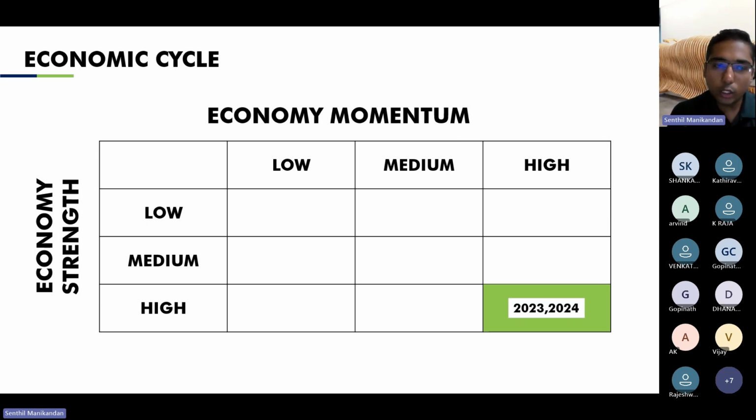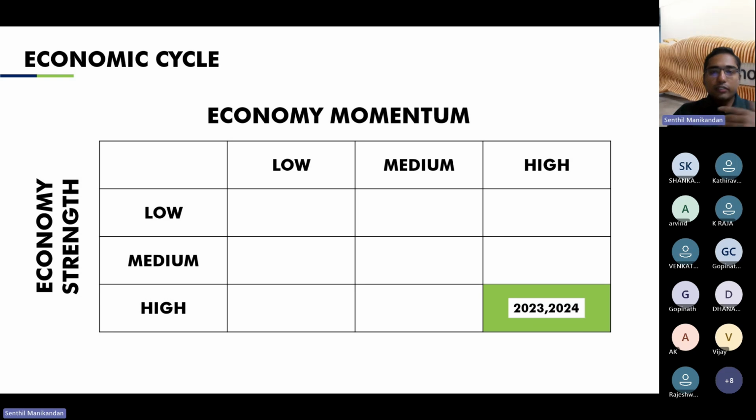They took care of the majority of the people in the mass segment by increasing the rations. In that way, from a medium level of economic strength, as momentum gathered, we moved within just a year to a strong economic strength.